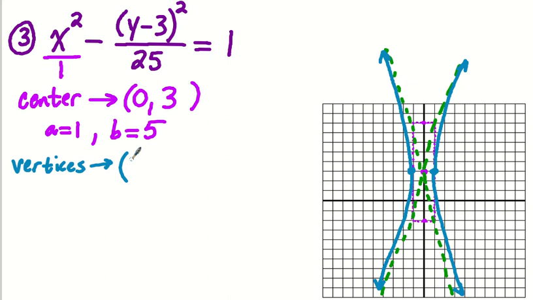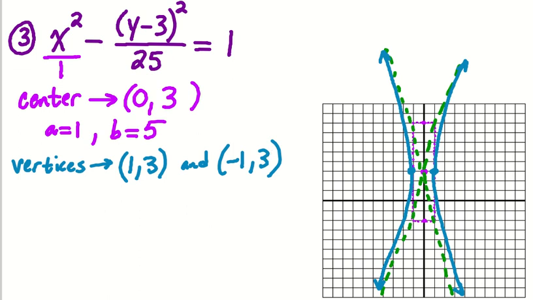Were we talking positive 1, comma 3 and negative 1, comma 3? Again, this is technically h plus a, and this is h minus a, and it's always comma k.